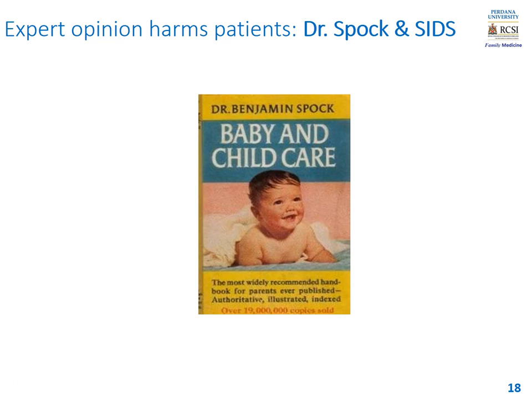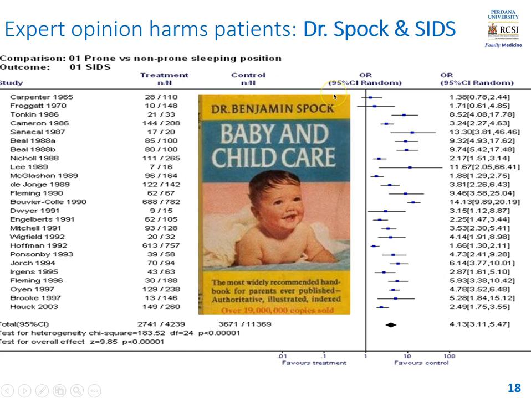Dr. Benjamin Spock was a pediatrician, an American pediatrician who was highly influential in how parents brought up their children, particularly mothers. But on the topic of baby sleeping position, he was quite wrong. And this is another forest plot summarizing several studies from 1965 up to 2003.